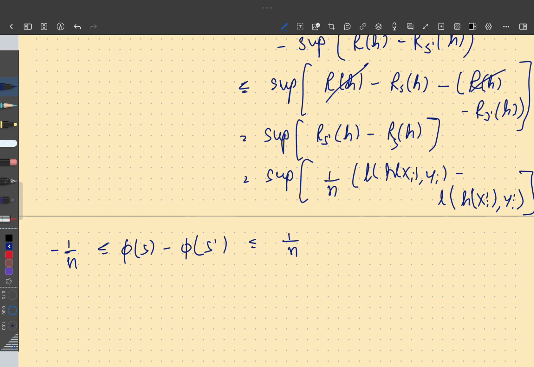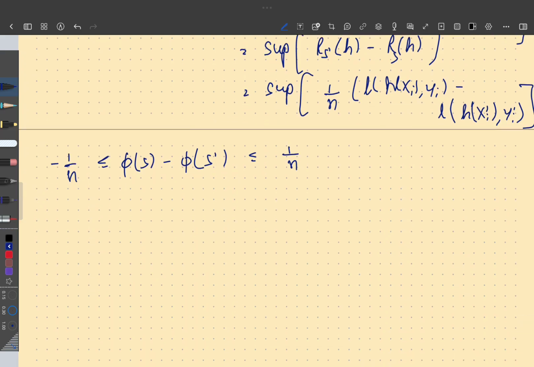Great. So now I can use the bounded differences condition. I can use McDiarmid's inequality and basically show that I have convergence. I'll use a one-sided McDiarmid's inequality in this case.